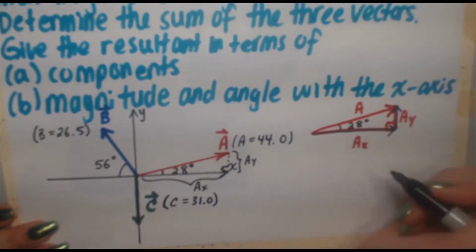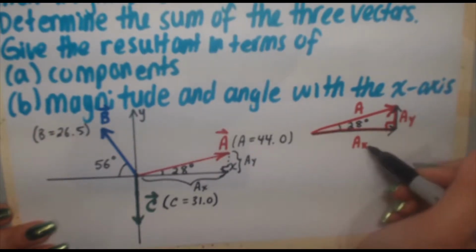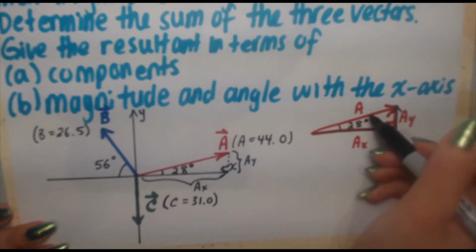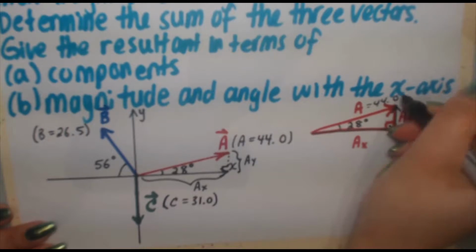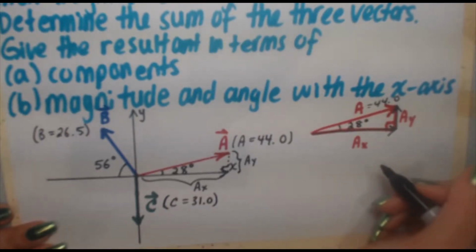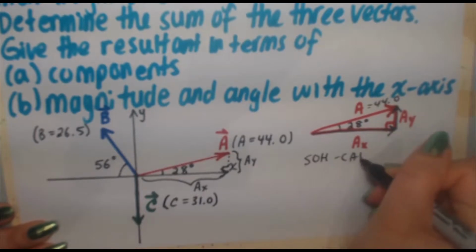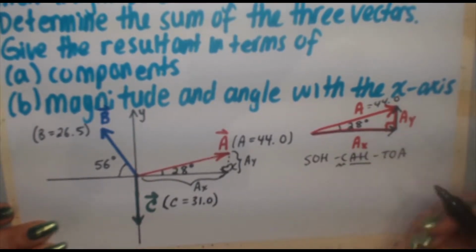Okay, so let's say I wanted to determine AX. Based on this right angle triangle, AX is adjacent to the angle 28 degrees, and I know the hypotenuse is 44.0. Adjacent and hypotenuse, when you look at SOHCAHTOA, is part of the cosine function.